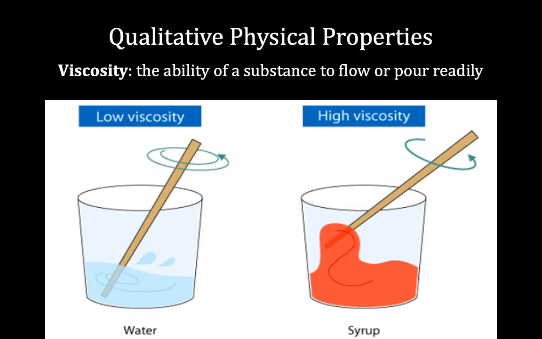Now, thinking about those two substances, water is looser, right? So if you were to try and pour water, it would pour pretty easily. And we would describe water to have a low viscosity. On the other end, we've got things like syrup, maybe even ketchup, that's a little bit harder to pour. So it's a little bit thicker. We would describe it as a high viscosity.